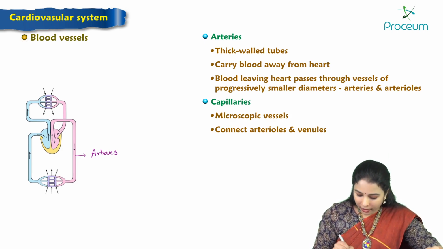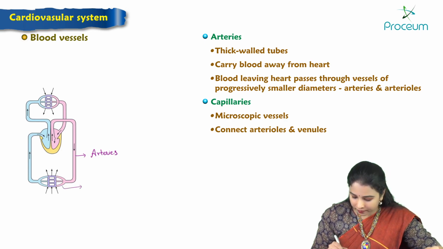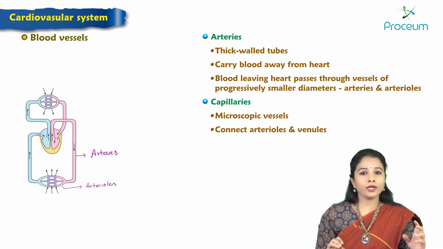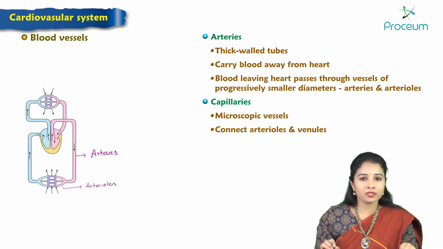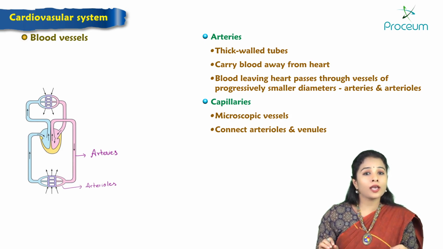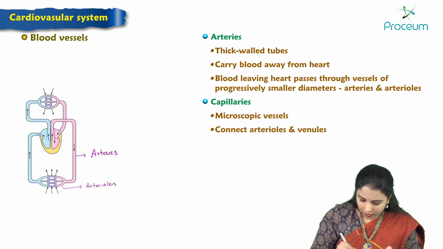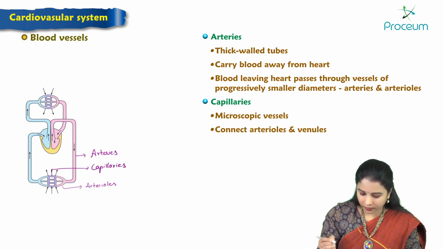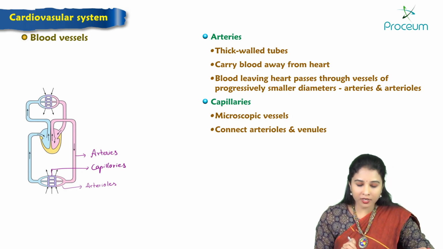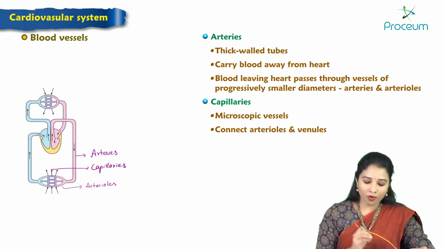The arteries divide to form the arterioles, which are the smaller arteries, and arterioles divide to form microscopic vessels that connect the arterioles and venules called as capillaries. And these capillaries join to form venules first and venules join to form veins.